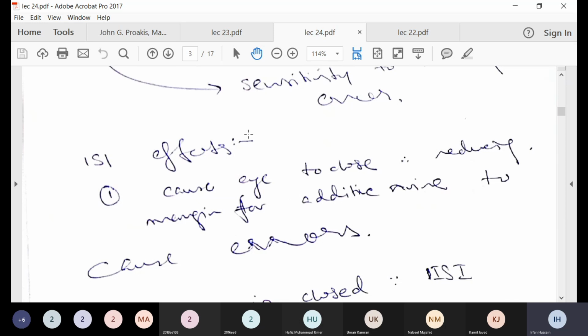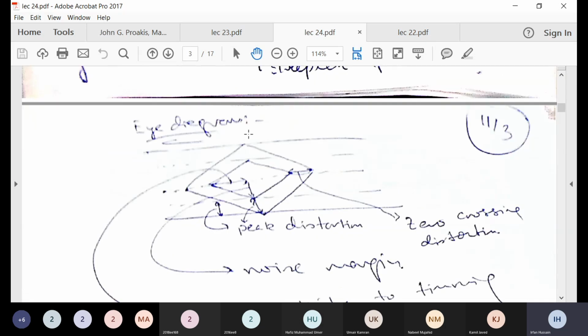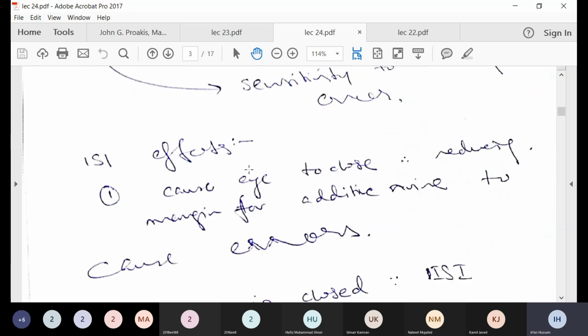So with intersymbol interference, you have one symbol, but you also have many symbols that are also coming out. So they can cause the eye to close. This is an eye diagram. This is an eye which is open. The more open it is, the better the channel. The more closed it is, the more distorted the channel has become.